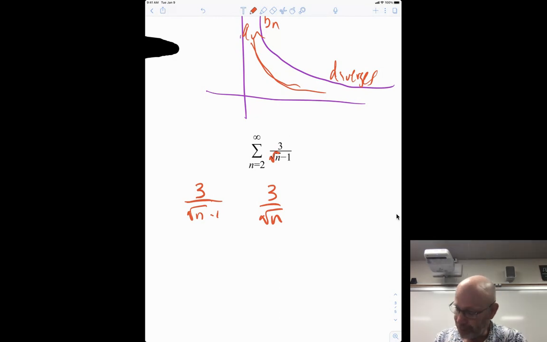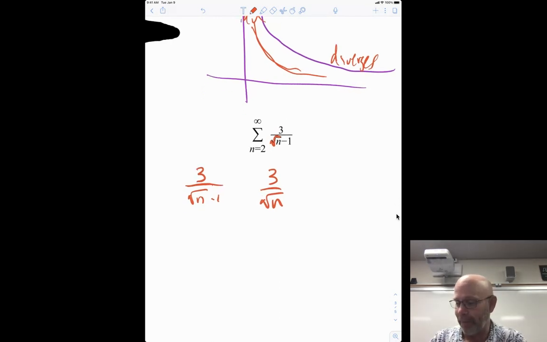So how do I compare it? Well, notice that this denominator is smaller than this denominator, which makes this number bigger than that number. I also know, this is how you write this up, by the way, formal says everything has to be written up to explain what you're doing.